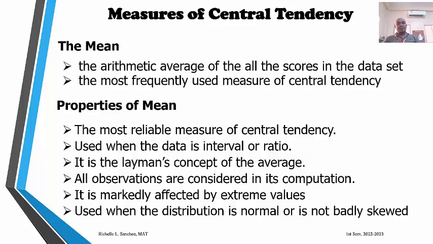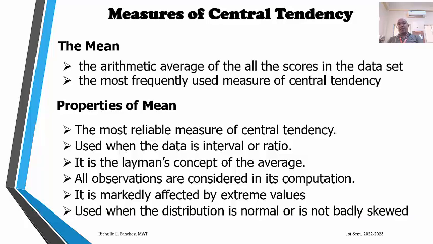Next property is that it is remarkably affected by extreme values. So our mean is affected most when there are extreme values. When we say extreme values, these are outliers. These are numbers that are too small or too big compared to the others.